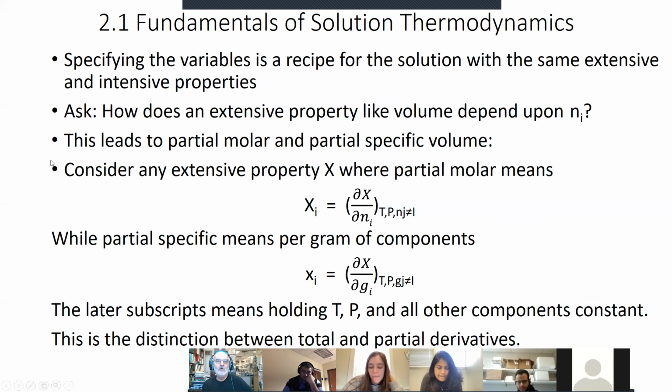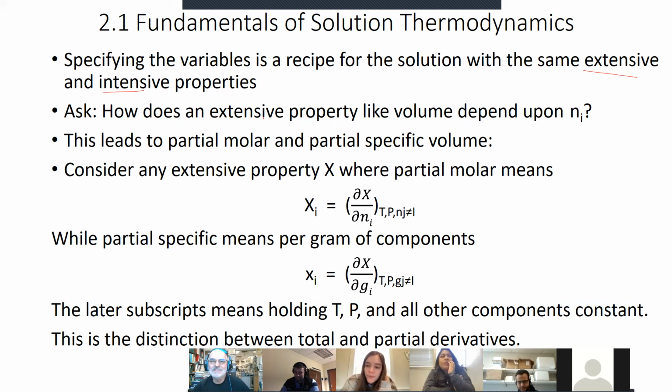So we already said that there are state functions that depend upon different kinds of variables, and that these variables can be extensive or intensive, okay? And we've already talked a little about extensive and intensive properties. What we want to do now is be a little more quantitative about this.